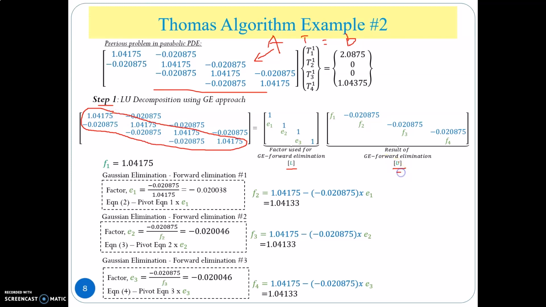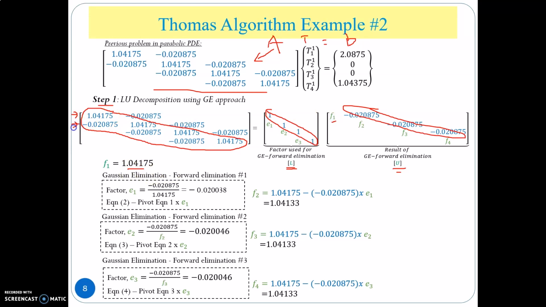For your upper matrix, you can see this region remains, and for the lower matrix, you have 1 at the diagonal. So what you need to do is find E1, E2, E3, as well as F1 to F4. We start with the first row, where you have 1.04 as your pivot element. Therefore, your F1 remains equal to this number.